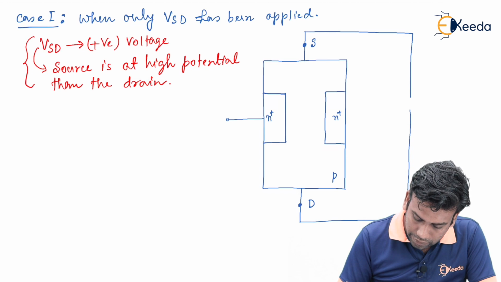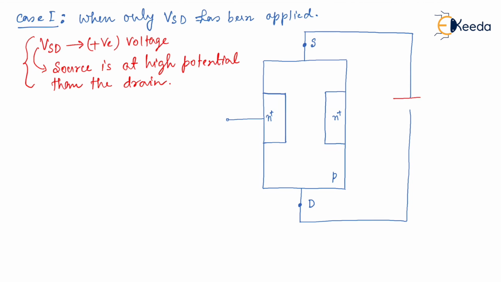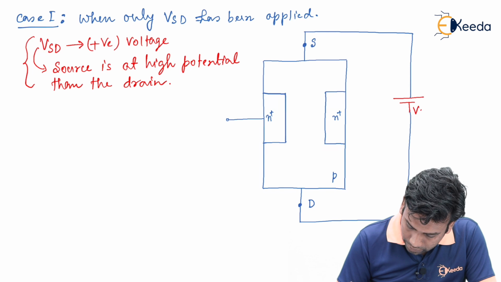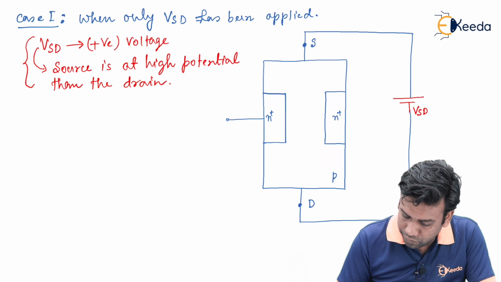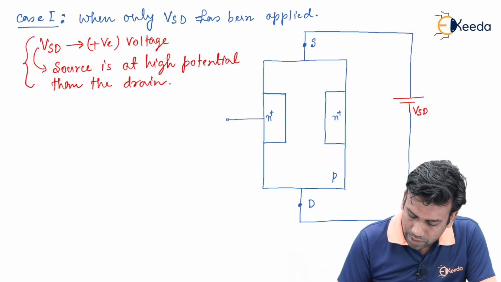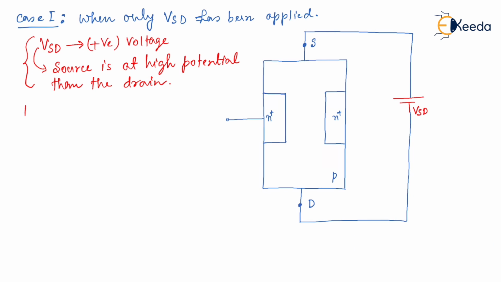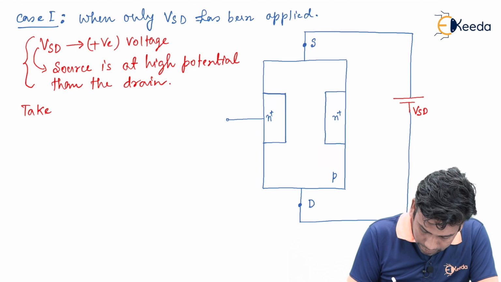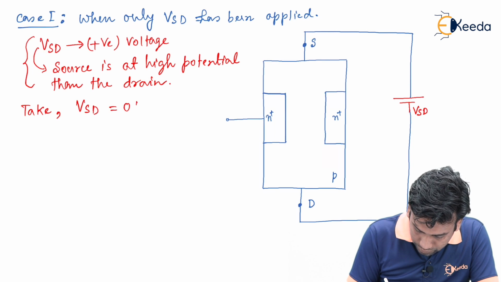Now if we apply a VSD here, this is the VSD. We have seen that this VSD is positive here, that means the source is at higher potential than the drain. Now let us take that VSD equals 0 volt.